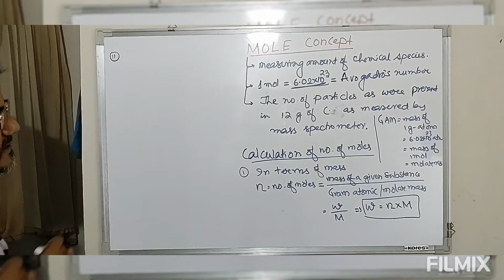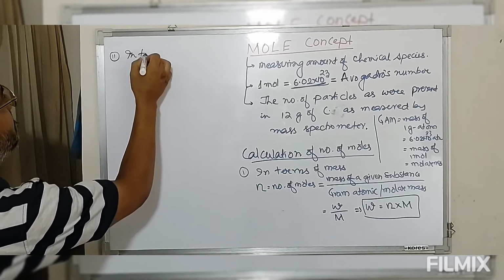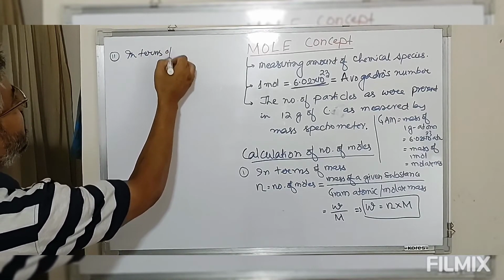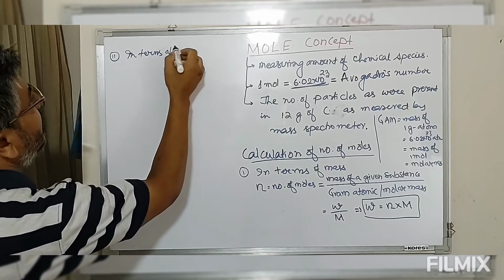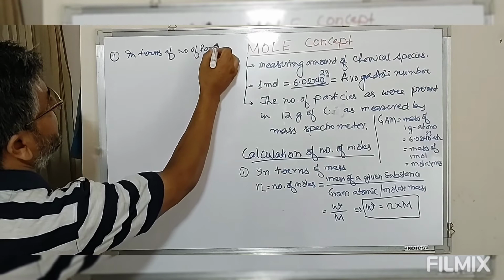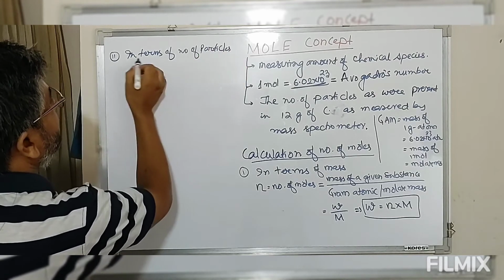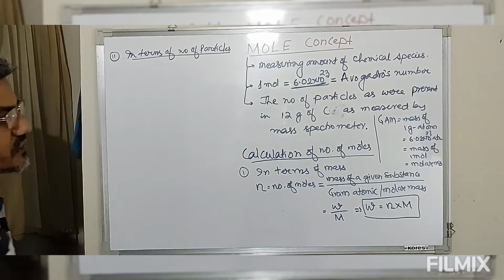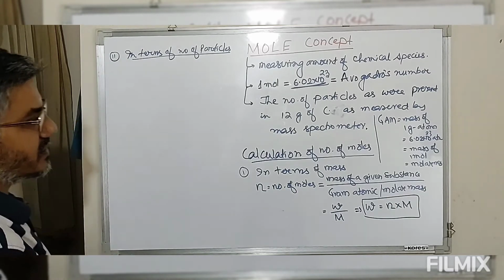The second way is in terms of number of particles. We can also define number of moles in terms of particles.